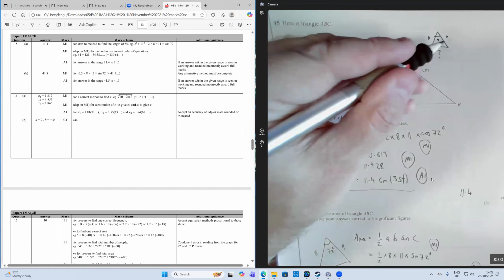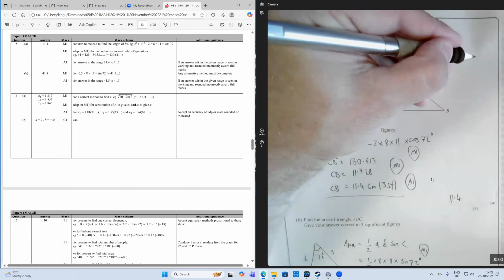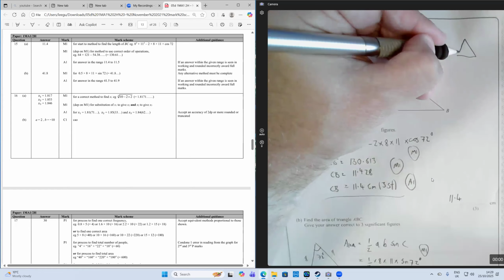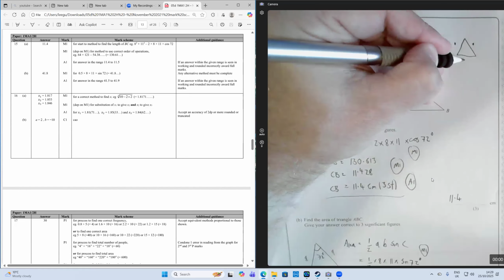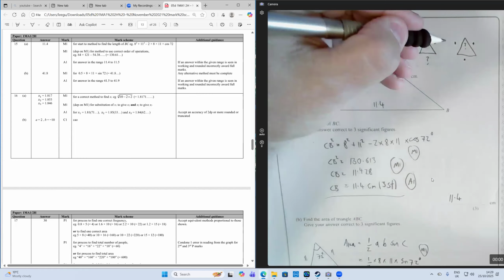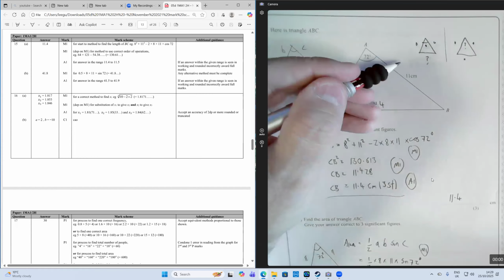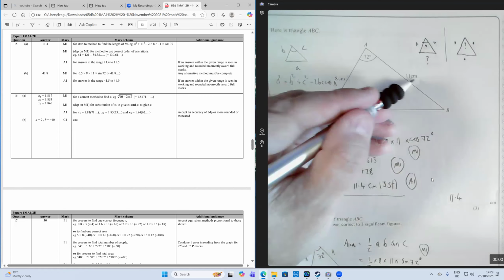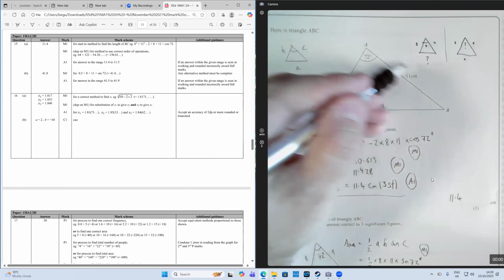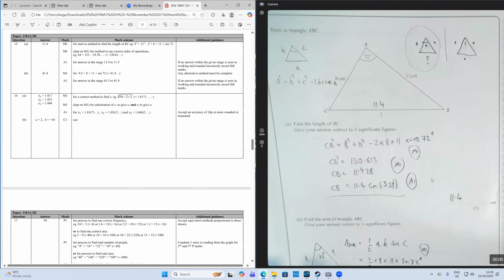The other pattern is when we have all three sides and we're trying to find an angle. Those are the two scenarios in which we use the cosine rule. Here we clearly have two sides and an angle in between, so it fits this format, and we're trying to find the side opposite.